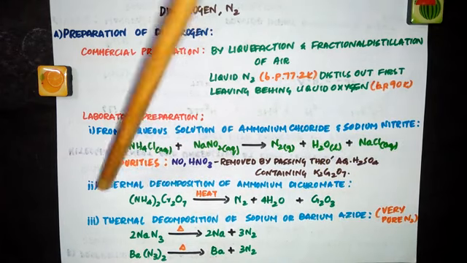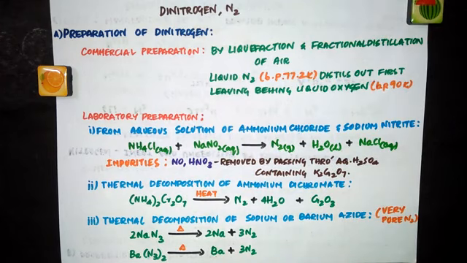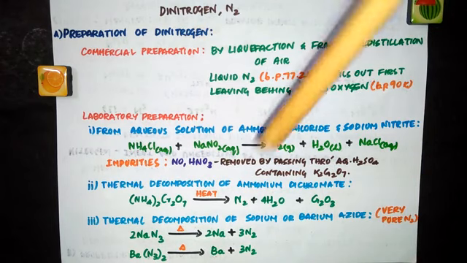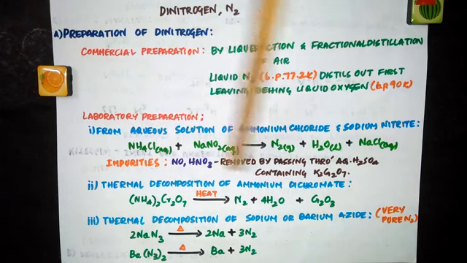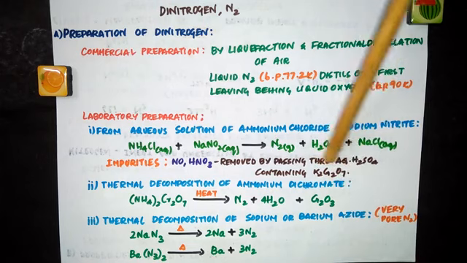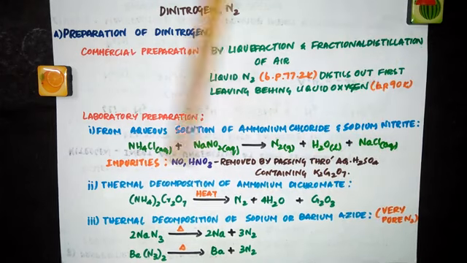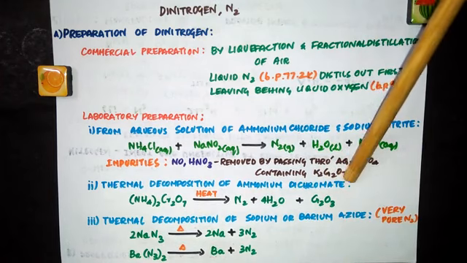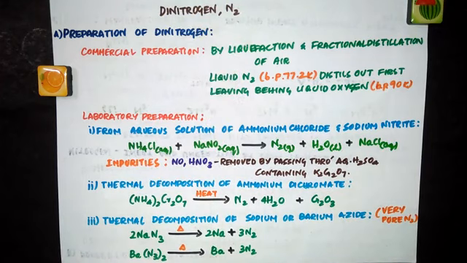When you heat ammonium dichromate, you get N2 plus 4H2O plus Cr2O3, which is chromic oxide. You can get this ammonium dichromate by mixing potassium dichromate with ammonium chloride and heating the mixture. When you take equimolar potassium dichromate and ammonium chloride, you can get ammonium dichromate.